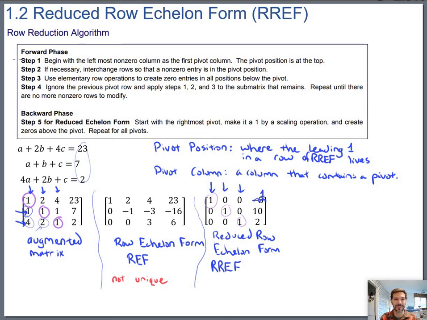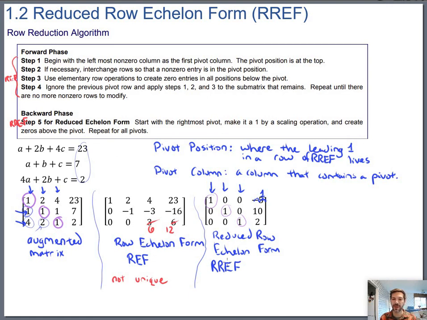It meets these first 4 steps to get REF. This one's RREF. And I could have different versions that fulfill these first 4 steps. Matter of fact, if I just decided to multiply this third row by 2 for some reason and got 6, 12 instead of 3, 6, that still meets all the steps of row echelon form. So row echelon forms are not unique.